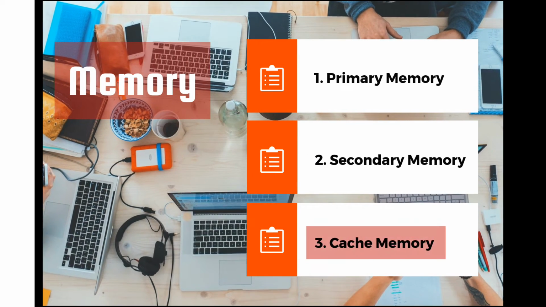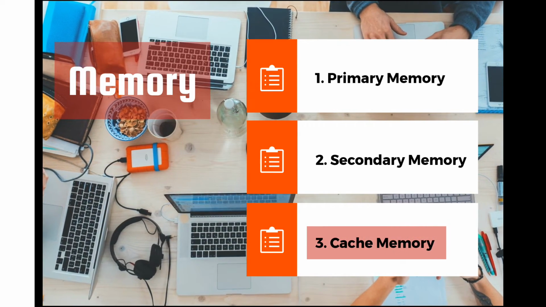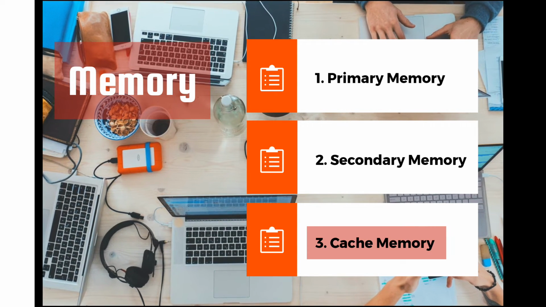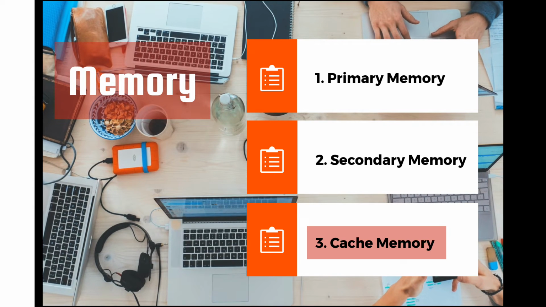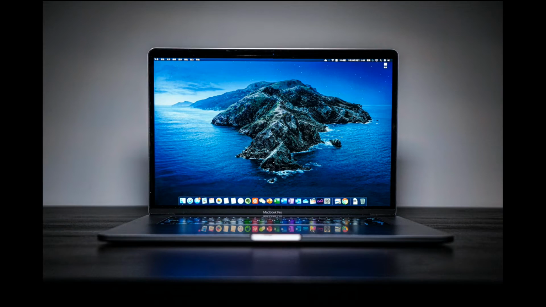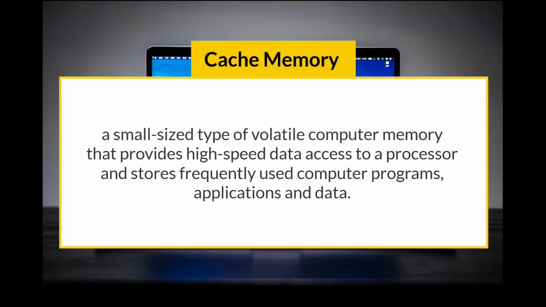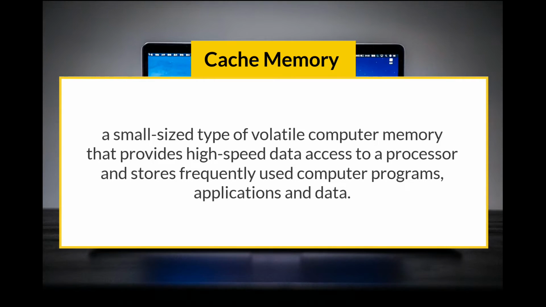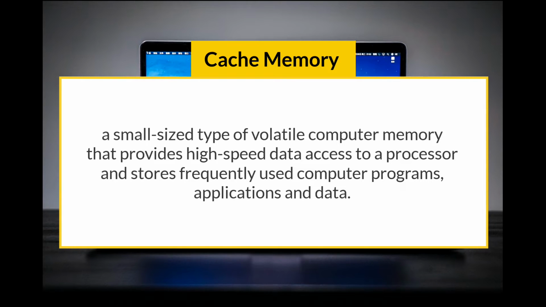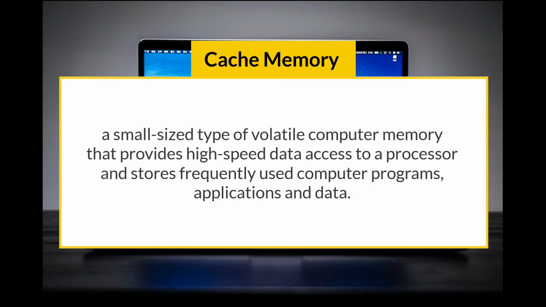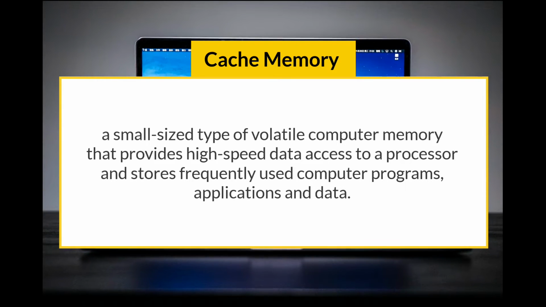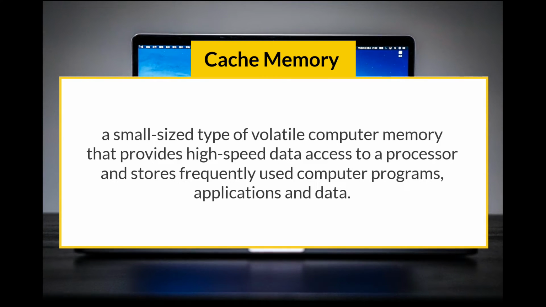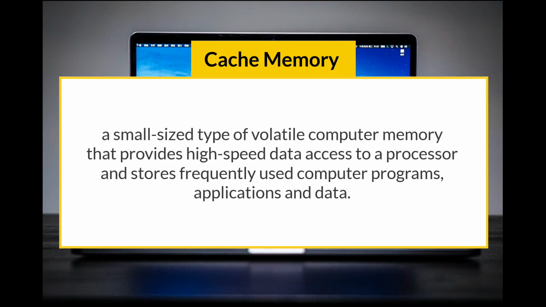Now it's time for us to move to the third and last category of memory, that is, cache memory. A small-sized type of volatile computer memory that provides high-speed data access to a processor and stores frequently used computer programs, applications, and data can be called cache memory.